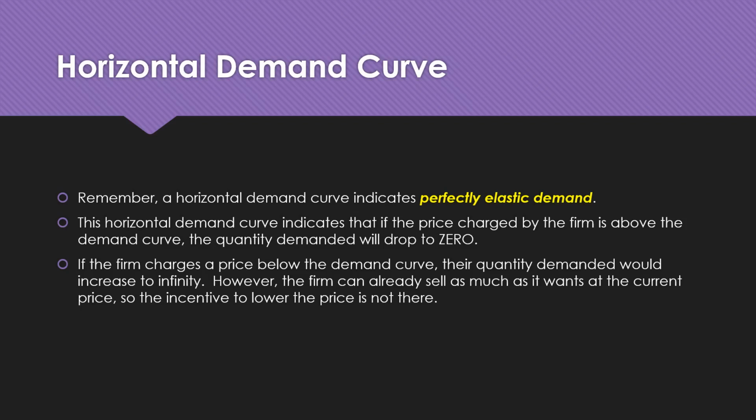That means that quantity demanded is infinitely responsive to a change in price. What that means is effectively that when you increase the price above the market price, because you have so many other competitors that are easy to purchase from besides yourself, then effectively you will sell nothing.